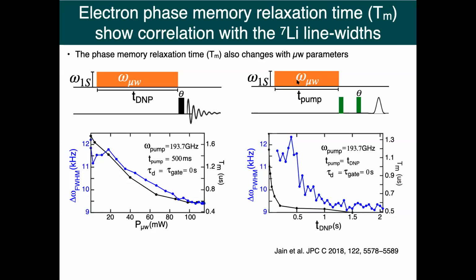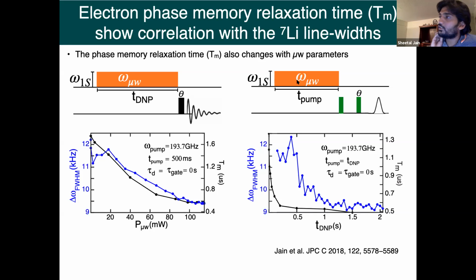But that sort of contradicts the argument, right? On one hand you say the correlation time changes, and if your correlation time changes, then your T1E has to change, right? Yeah, exactly, you are right. That's why it was surprising to us. And that's why we make a case that in this regime the correlation time is not dominated by T1E, but by T2E.